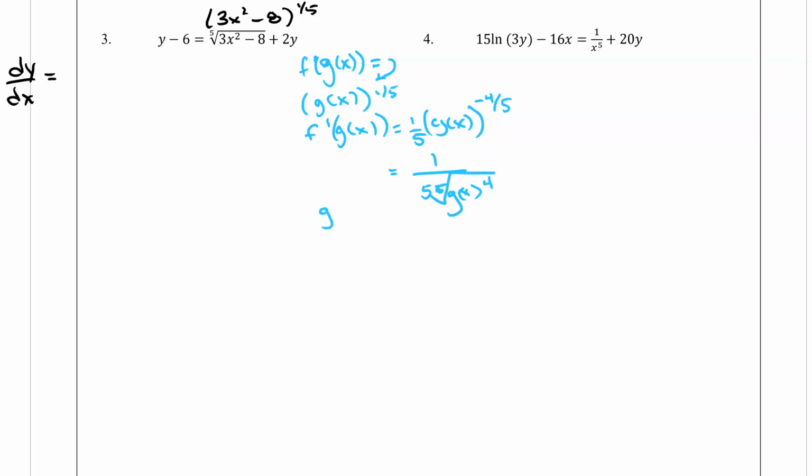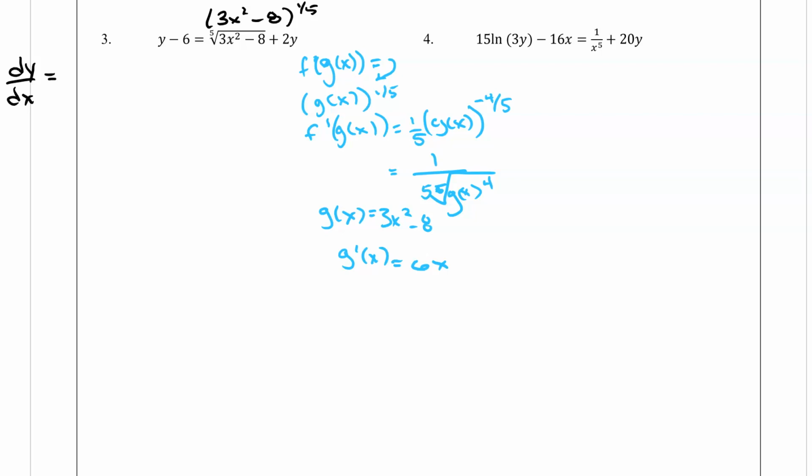And then we have the derivative of g of x, with g of x equaling 3x squared minus 8. So the derivative of that guy is, pull down your exponent, so you get 2 times 3, 6x.